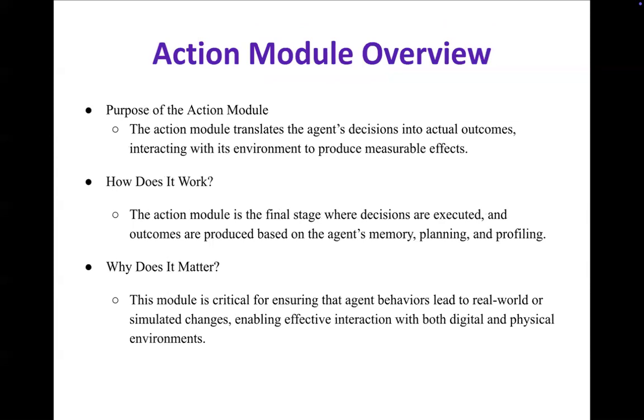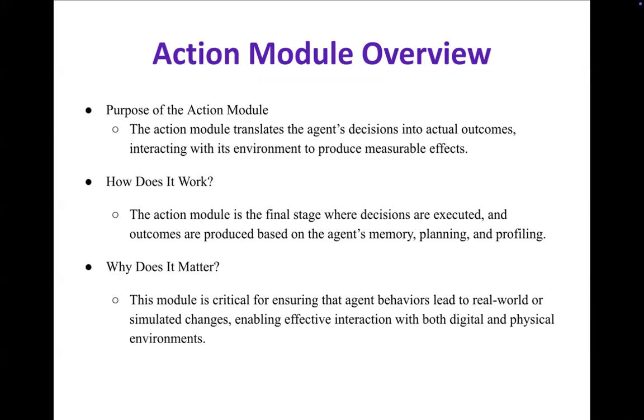Next, we're going to move on to the next big module, which is the action module. And the action module essentially translates the agent's decision into actual outcomes. And this is the module where we're interacting with the environment and producing measurable effects. So how does it work? It's the final stage where decisions are executed and outcomes are produced based on the agent's memory, planning, and profiling.